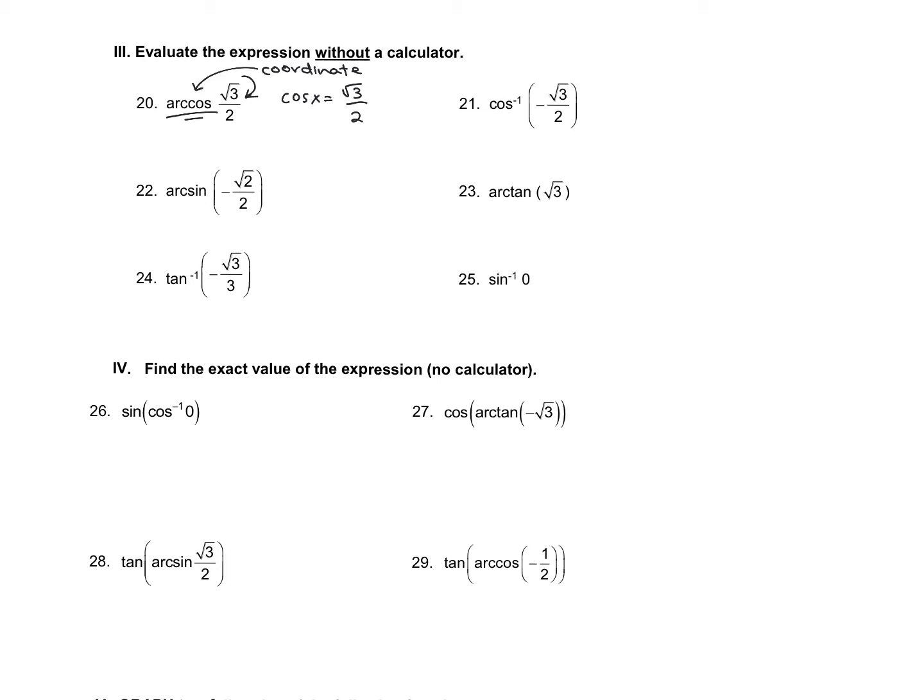The catch is that the arc makes it so that you can only use a certain portion of the unit circle. And for cosine, you can only use the top portion of the unit circle. You can only use here to here.